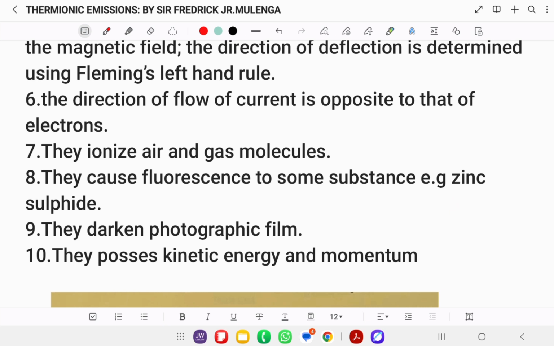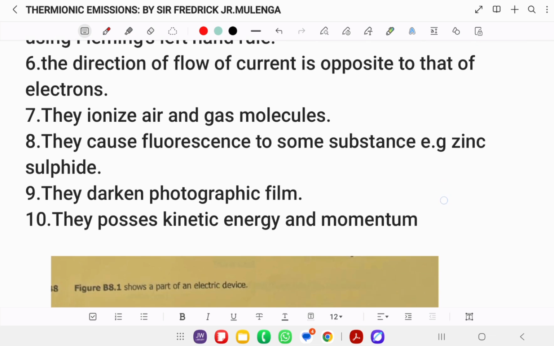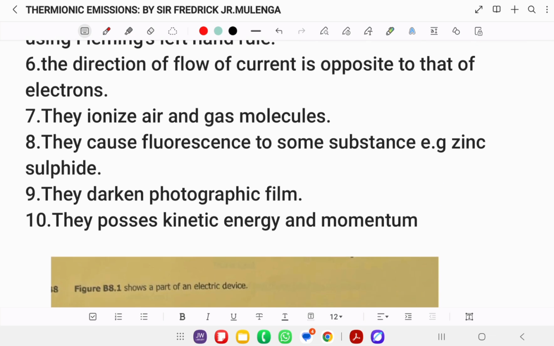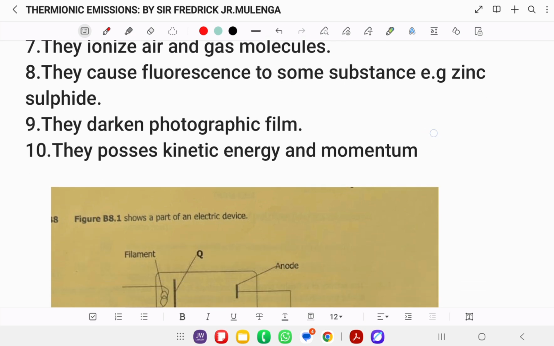We've also learned that they ionize the air and gas molecules they pass through. They also glow when they strike some matter such as zinc sulfide. When the pressure was continually reduced between the two electrodes, it turned dark, which is called Faraday's dark space. They also darkened the photographic film.